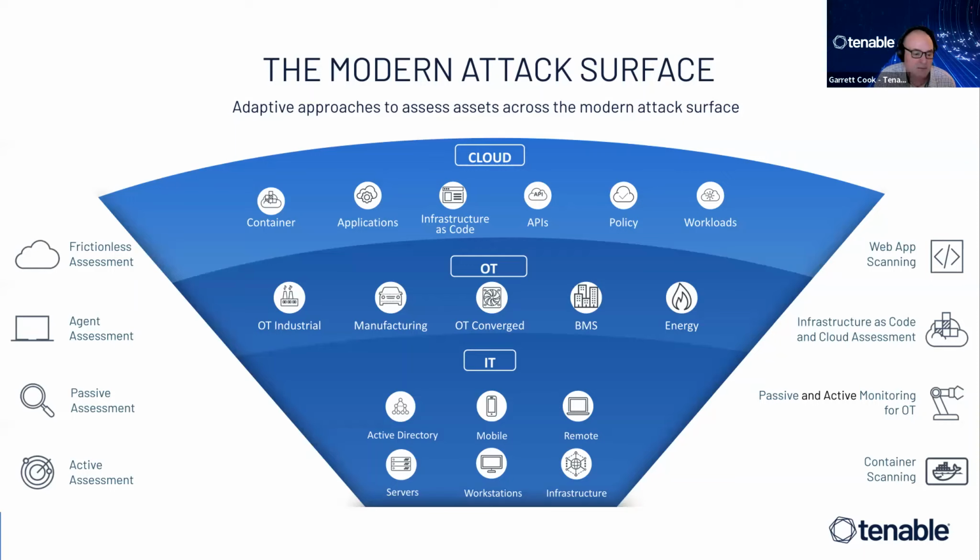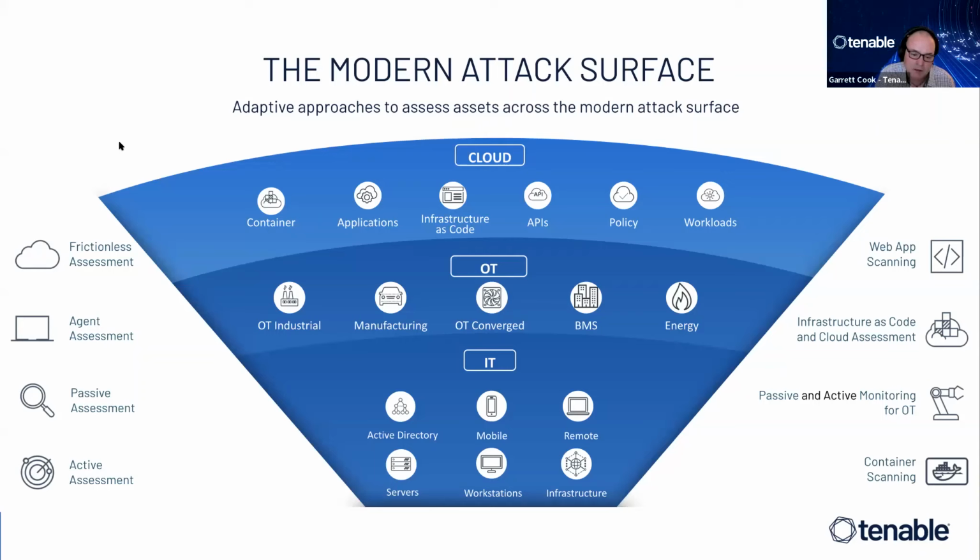But that active assessment is foundational as well. So we also provide the ability to do web application scanning, look at the code itself that might deploy assets now in the cloud via things like Terraform or Kubernetes.